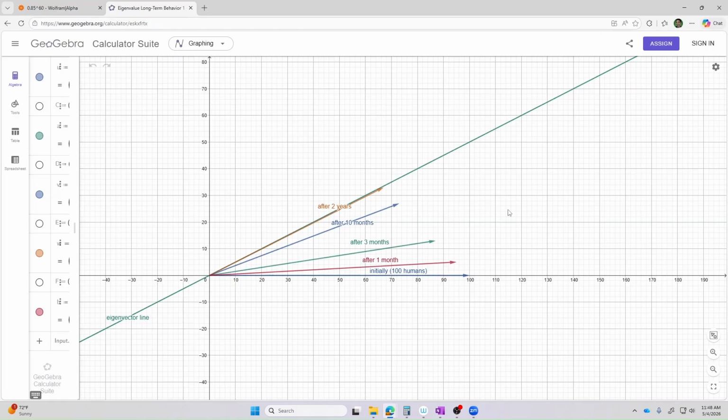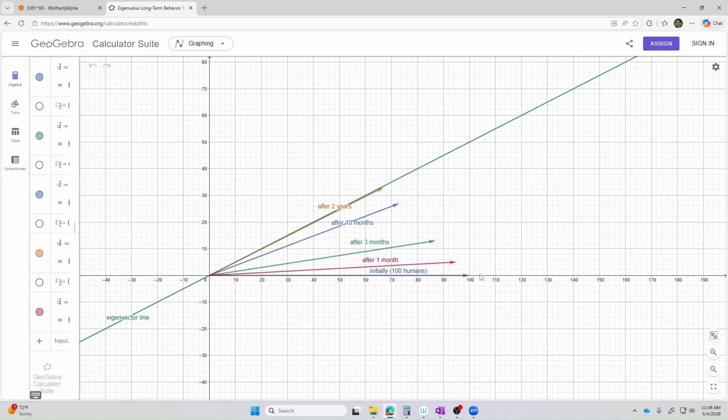Here on GeoGebra, we can see the situation play out graphically. Here in green, this diagonal line represents the span of the eigenvector v1. This is that first eigenspace, all the eigenvectors corresponding to lambda 1.